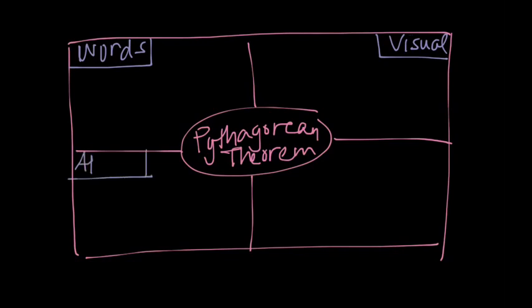Down here, you'll put the algebra. This is where you'd put the formula. And then you're going to create your own example. So make up your own problem to put in the example area.